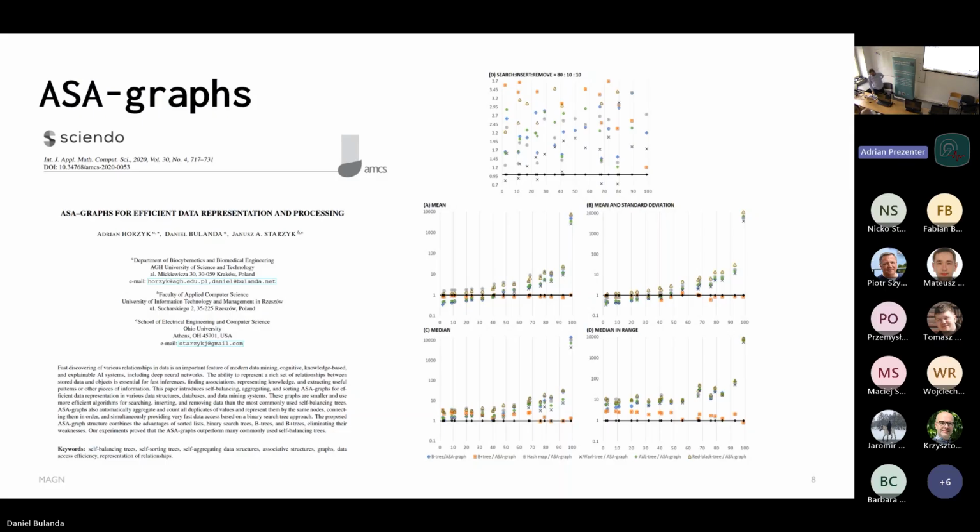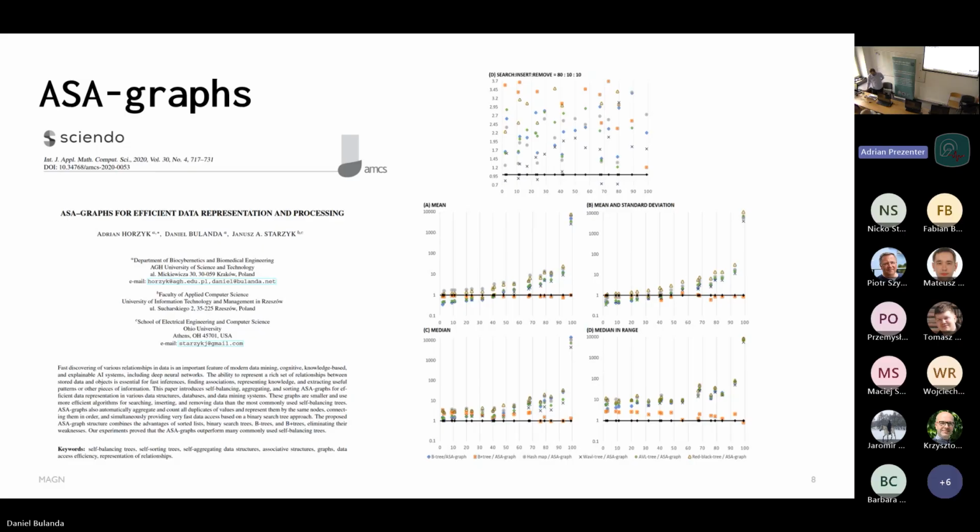And this was published a couple of years ago, with very decent results in terms of very simple operations, but this is a very low-level structure, so it's not very complicated. Sorry for that.